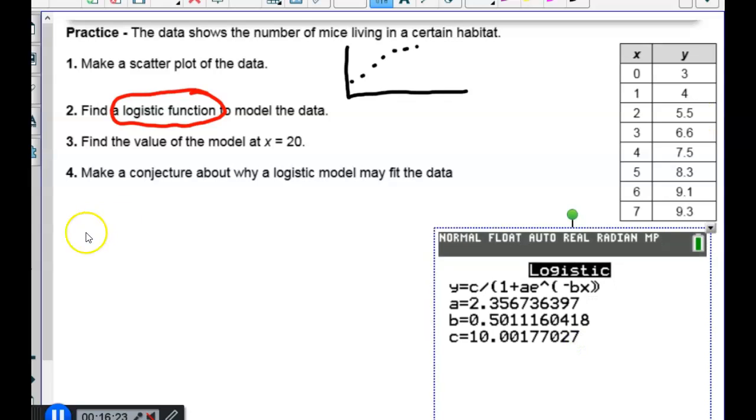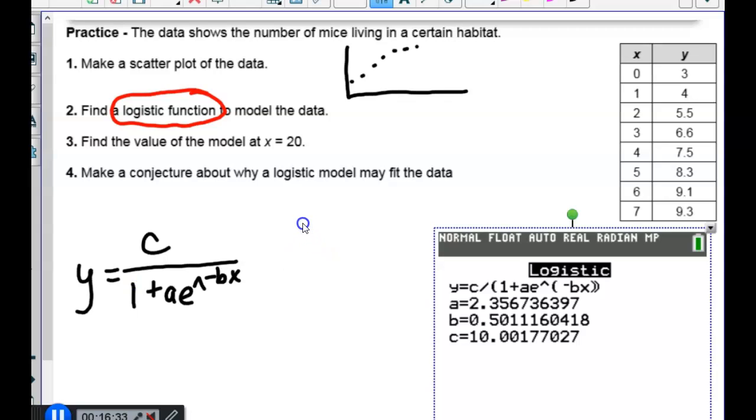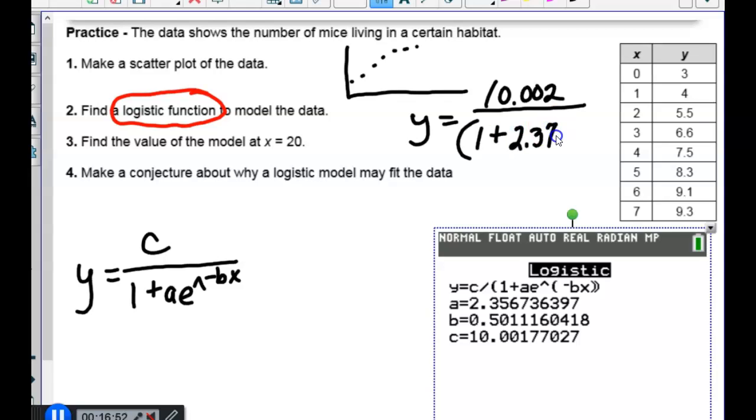What does it say? It says y equals c over 1 plus a e to the opposite of bx. So ours is going to be y equals 10, or 10.002, I guess, if you wanted to go out places, divided by the quantity 1 plus 2.37, I'll round to.